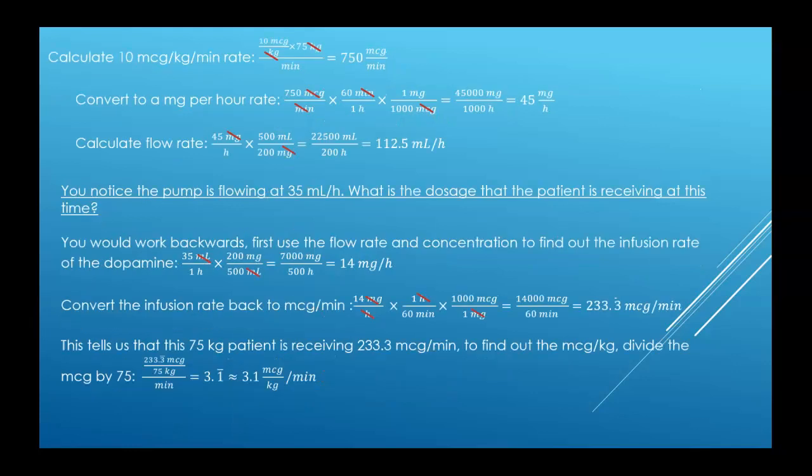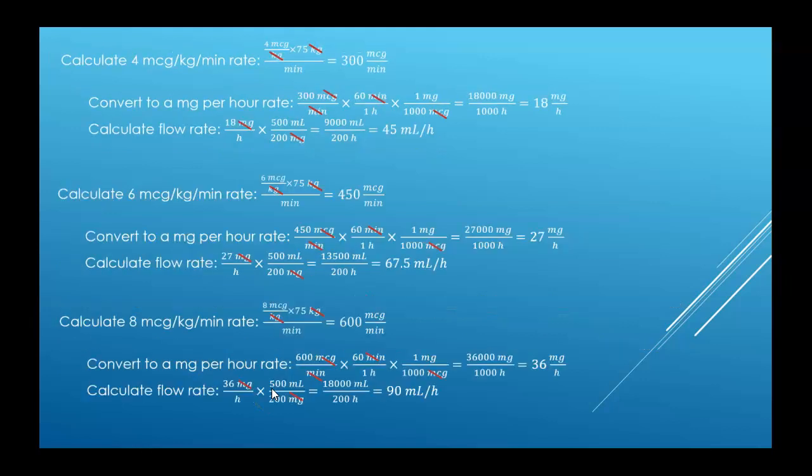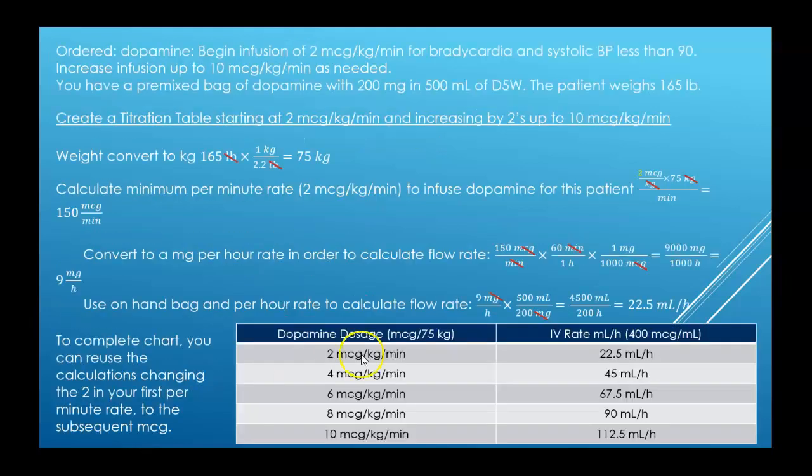It makes sense when you look at it. 3.1 micrograms per kilogram per minute, and it's flowing at 35. So it's actually between these two at 35, and we get 3.1 here. So it does make sense.